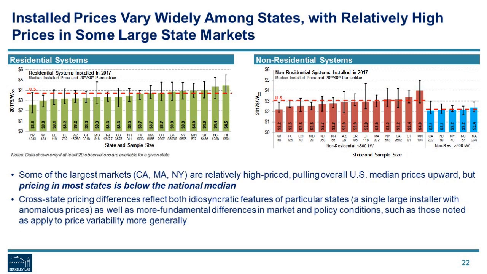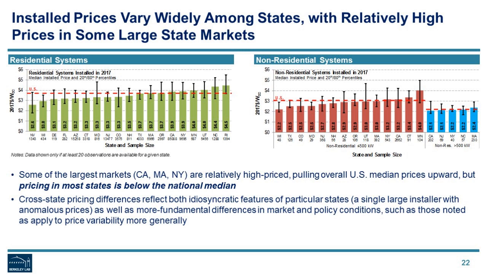Pricing also varies quite a bit across states, particularly for residential and smaller non-residential systems, as we show in the figures here. So for example, among residential systems installed last year, median prices ranged from a low of $2.60 a watt to a high of $4.50 a watt across the various states shown here.